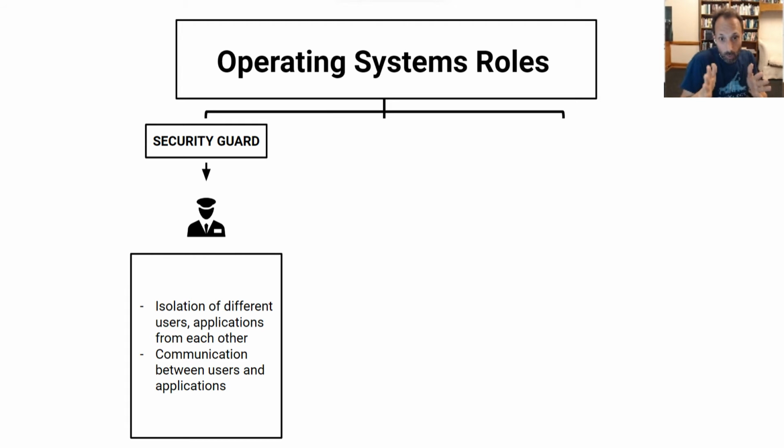This is often called process isolation, where the kernel makes sure that the programs you're running stay in their own part of memory so that they don't interfere with other people's programs, but just as importantly, don't interfere with your own programs.